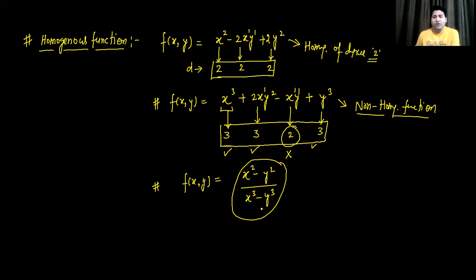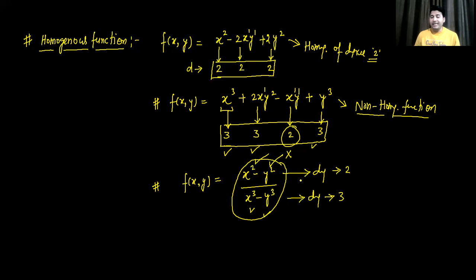And its degree is the difference, that is, degree of numerator minus degree of denominator. You can see the numerator is a second degree function, so the degree of numerator is 2. The degree of denominator is 3 because both terms have degree 3. Now numerator is a homogeneous function of degree 2, and the denominator is a homogeneous function of degree 3.